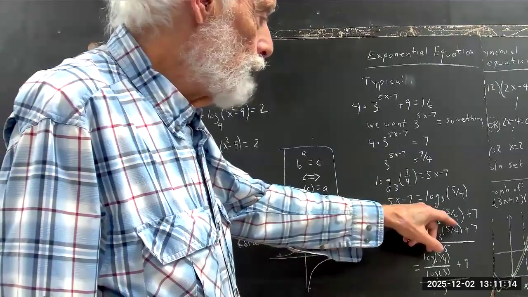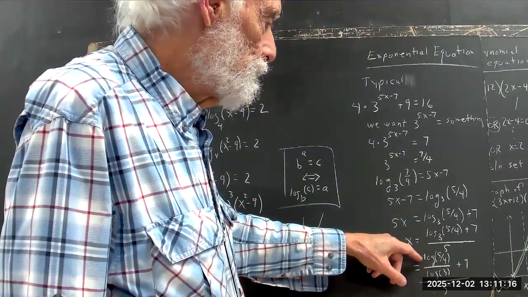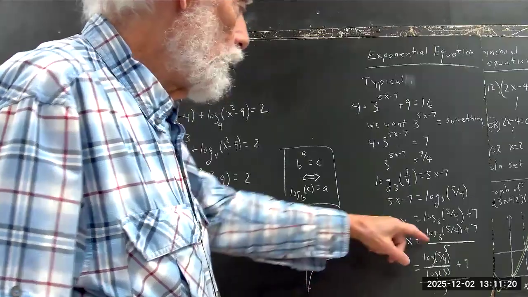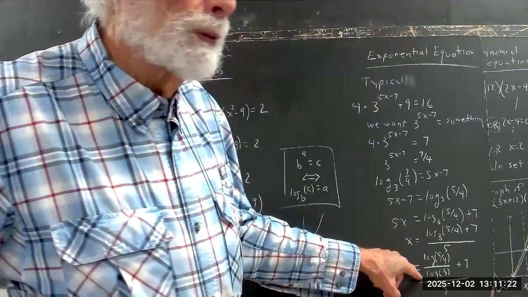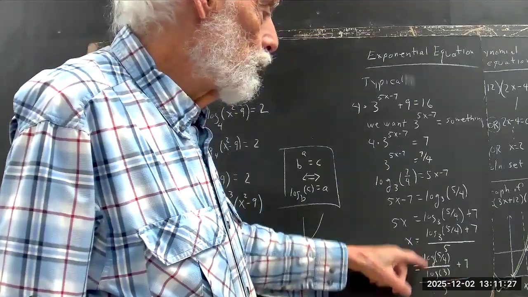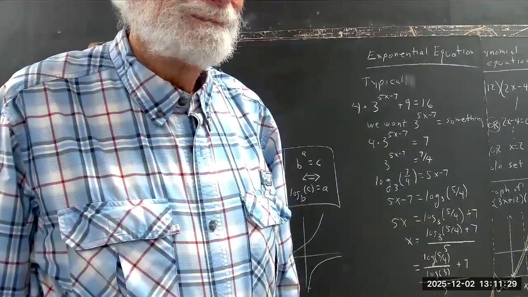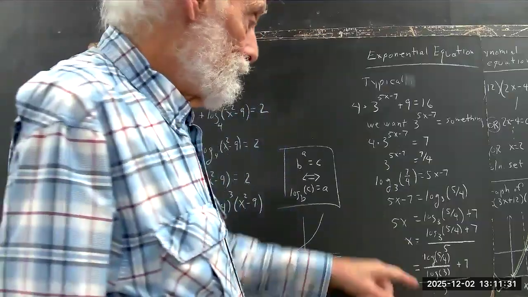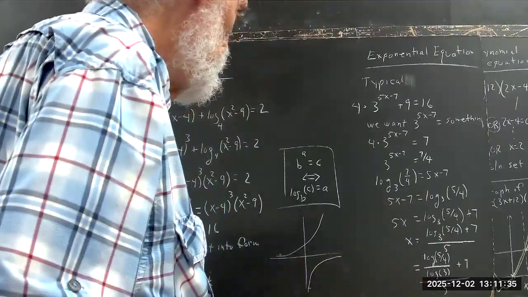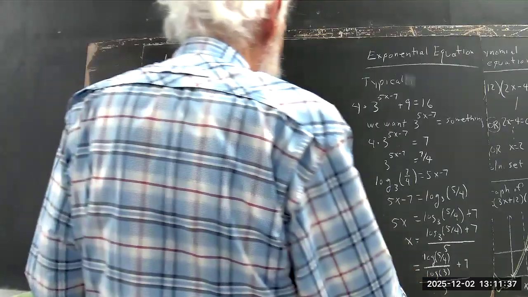And log base 3 of 5/4 is the log of 5/4 divided by the log of 3. So I'd want to see all the steps down to here before you plug it into your calculator. Okay? Ideally, I see the exact solution. So this is exact.